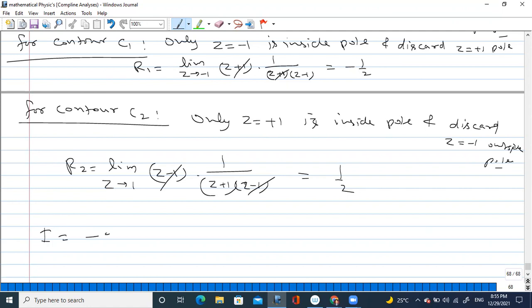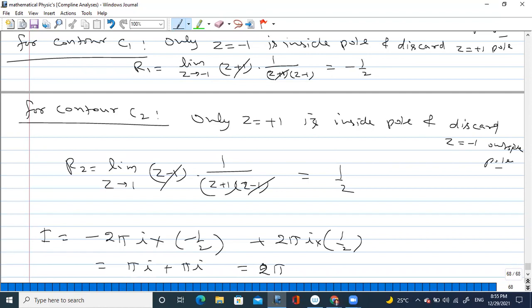So the answer I will be minus of 2 pi i into minus of 1 by 2, because R1 is minus 1 by 2, plus 2 pi i into 1 by 2. So you can simplify it. This will be pi i plus pi i. The answer is 2 pi i.